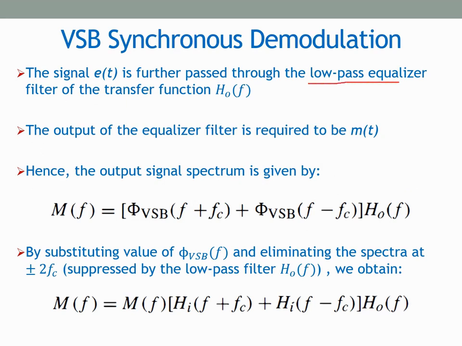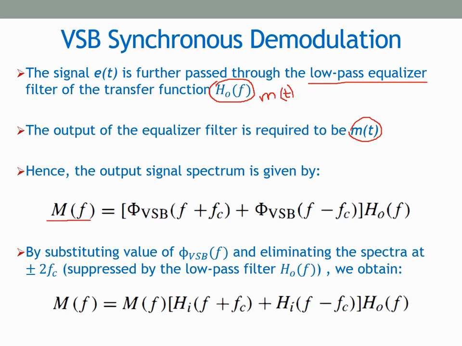One thing is for sure, this filter H0(f) must be a low pass filter, because we want to extract the low frequency signal m(t), the message signal, which as we know is a low pass signal. The output of the equalizer filter is required to be m(t). Hence the output signal spectrum is given by M(f) that we obtain at the output of H0(f).